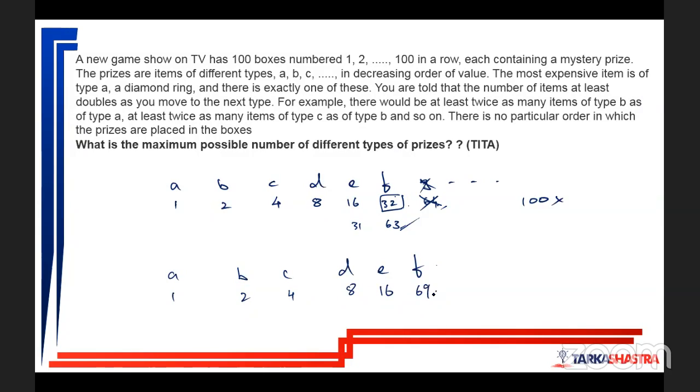If we have G, G has to be 64. 64 plus 63 would go beyond 100 and we won't be able to satisfy the constraint that there are only 100 boxes. So the maximum possible number of different types of prizes is six.